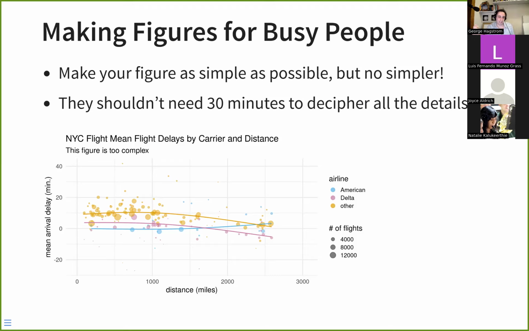Say they're not your data science colleagues, but maybe an executive in a different part of your organization who's very busy, probably pretty smart, but not that technical, and definitely isn't going to sit in front of a figure for 30 minutes to decipher all the details.